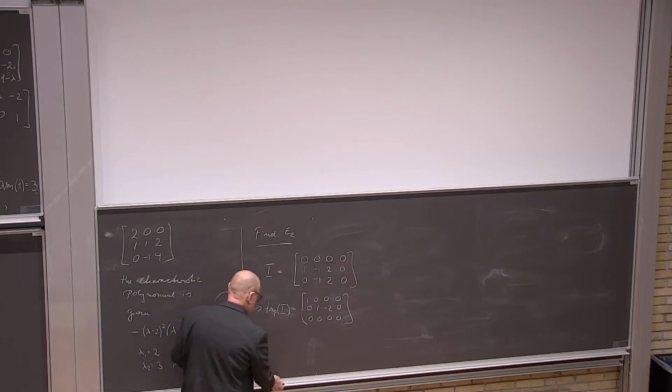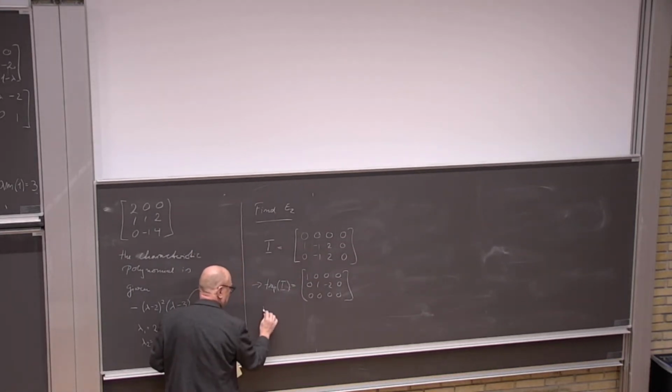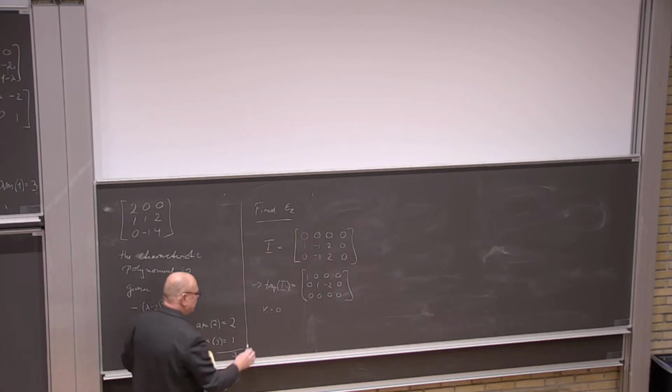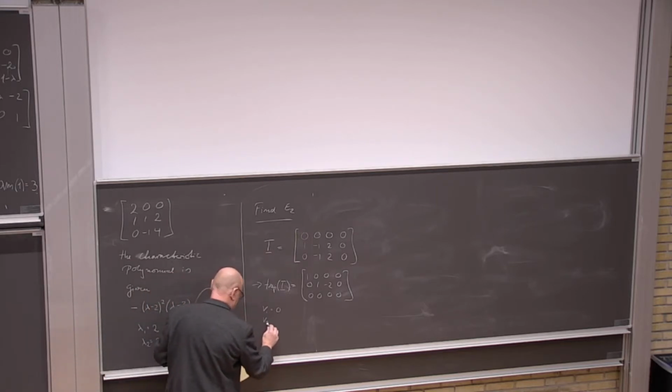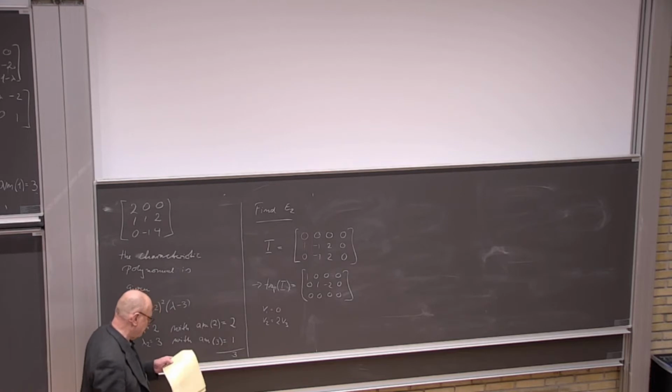Again, you can solve this equation. From the first equation, you get that the first coordinate should be 0. And from the second equation, you get V2, and if I put this on the right-hand side, I get 2 V3. So V3 is a free parameter.